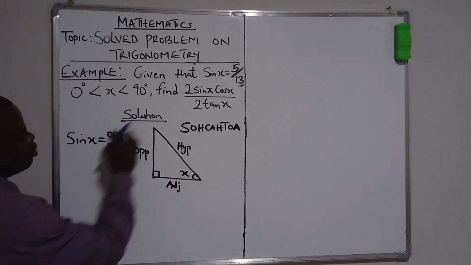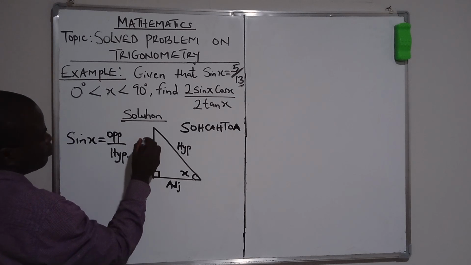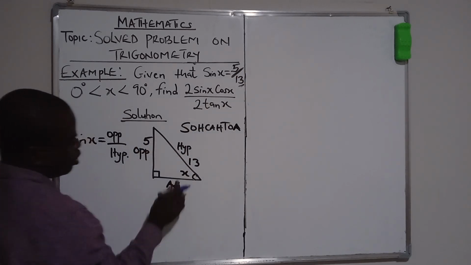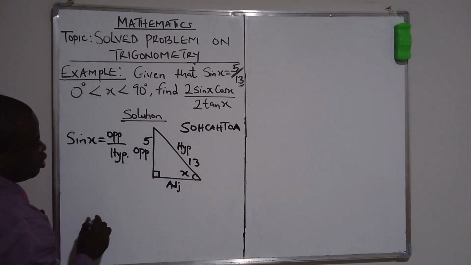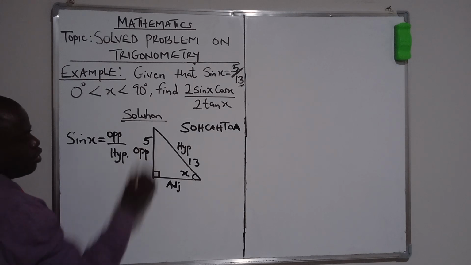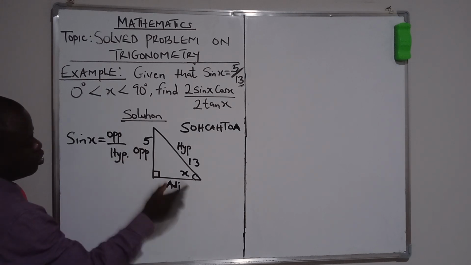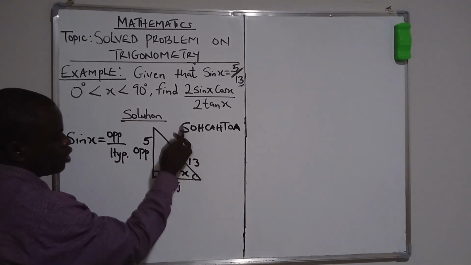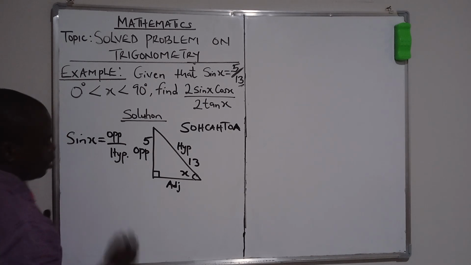Opposite is 5, hypotenuse is 13. Now let's look for the adjacent. The square of the addition of the two small sides equals the square of the hypotenuse, which is the longest side.